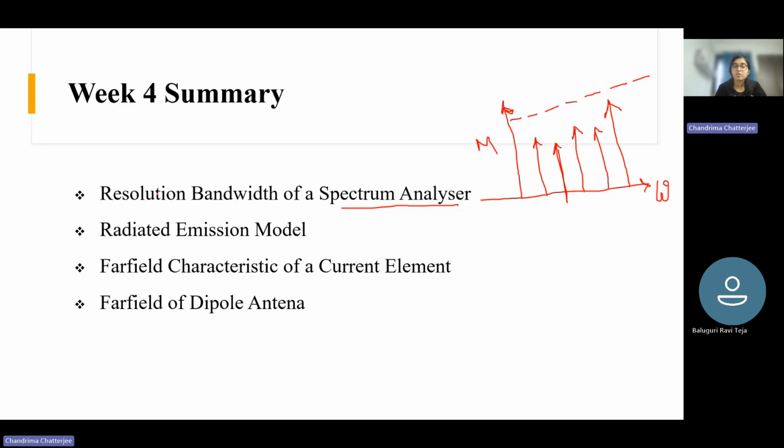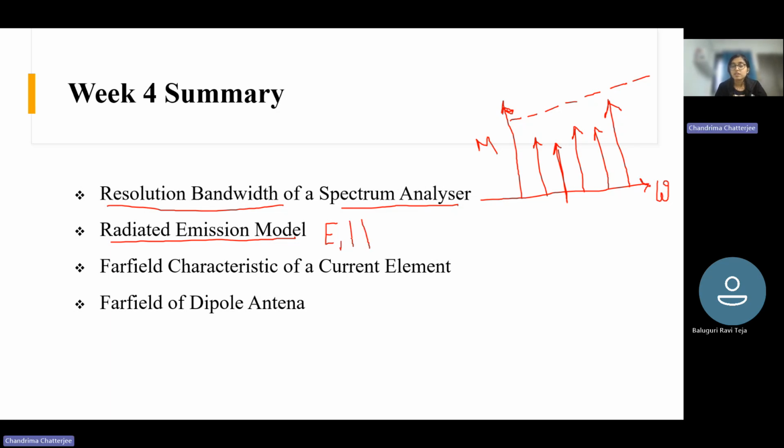So we will talk about the resolution bandwidth. What is resolution bandwidth and why is it important? Then the radiated emission model. I hope you have studied the lecture. There, that model is the electric field and magnetic field associated with radiation.